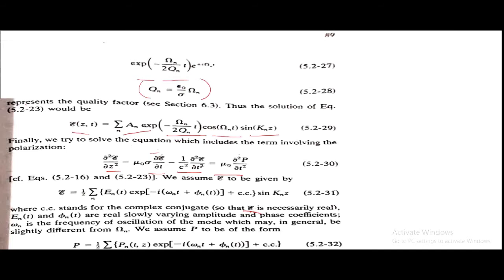Then only E will be real. So we can say that E_n(t) and phi_n(t) are real slowly varying amplitude and phase, and omega_n is the frequency of oscillation of the mode, which in general will be slightly different from capital omega_n.